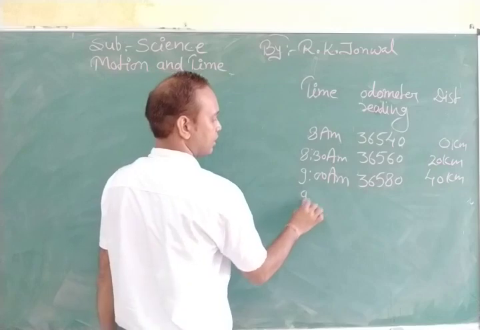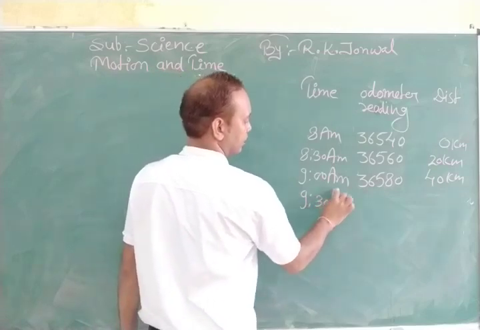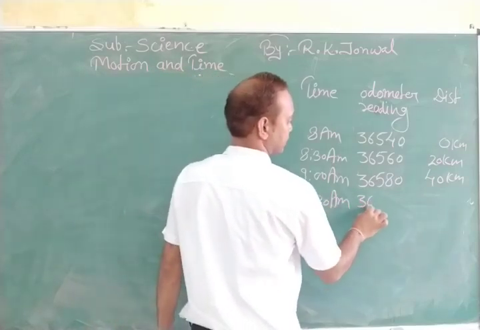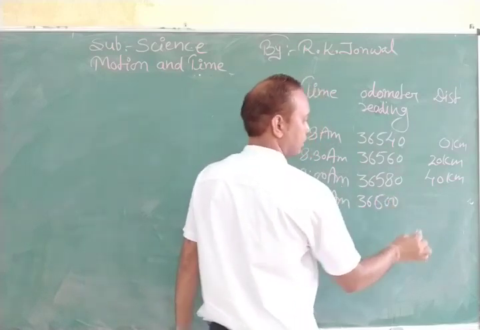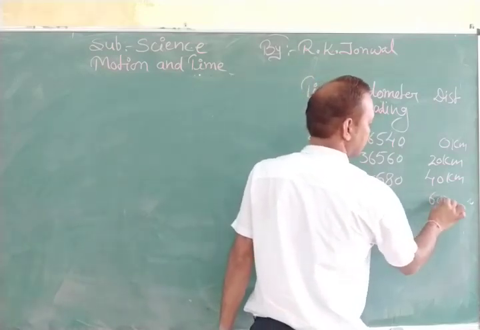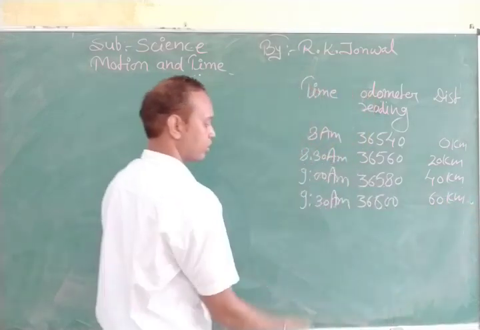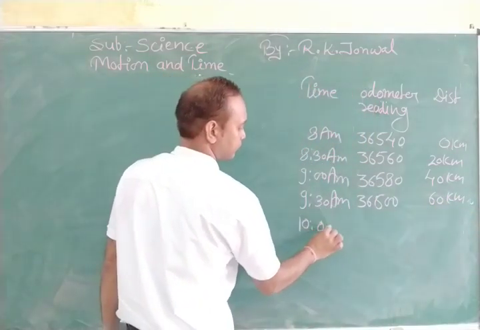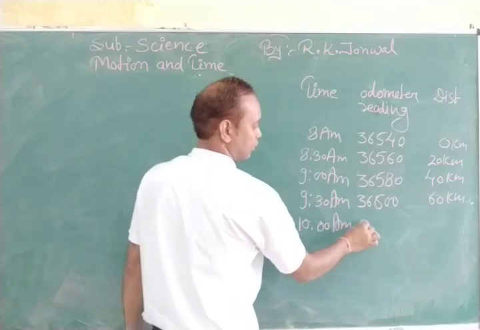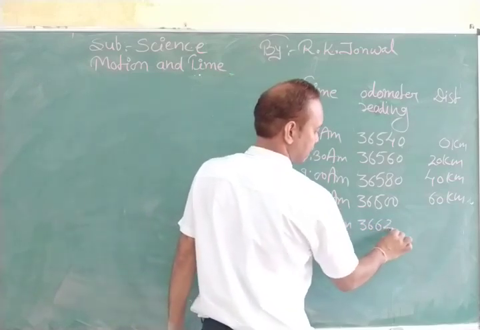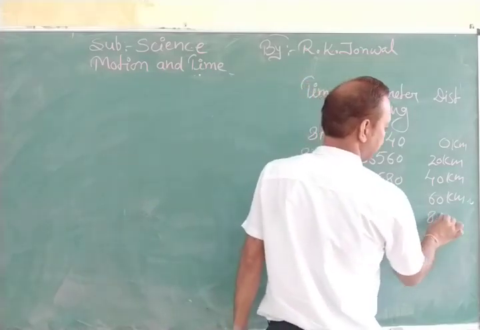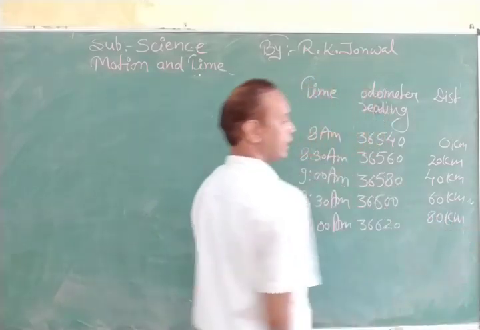Next, in half hour, 9:30 a.m., 36,600, and here is 60 kilometer. At 10 a.m. the odometer reading is 36,620 and the distance covered by the vehicle is 80 kilometer.